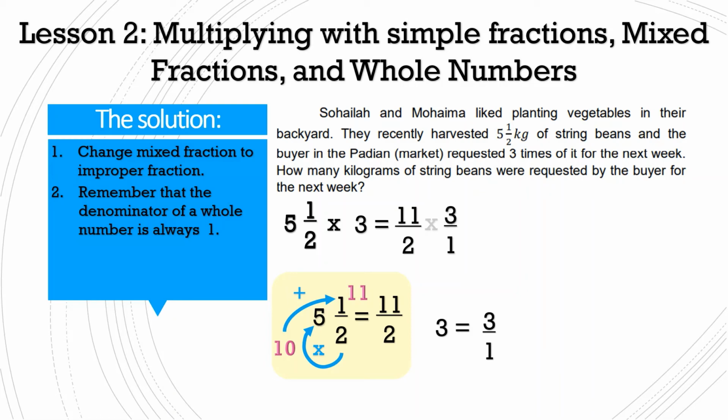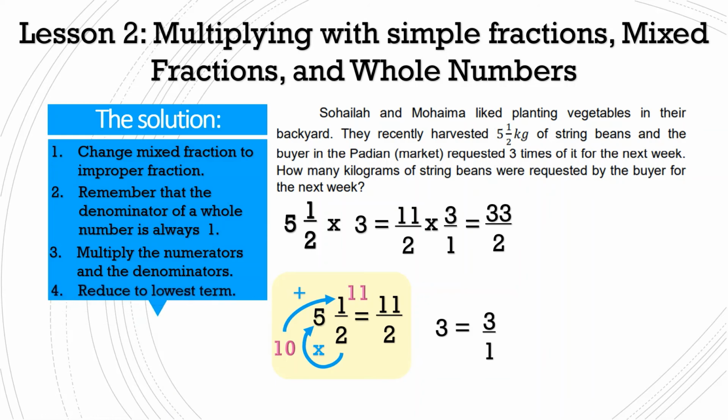Then we multiply it with 11 halves. So we will proceed with the multiplication. You will have 11 times 3 for the numerator, and 2 times 1 for the denominator. So you will get 33 halves.